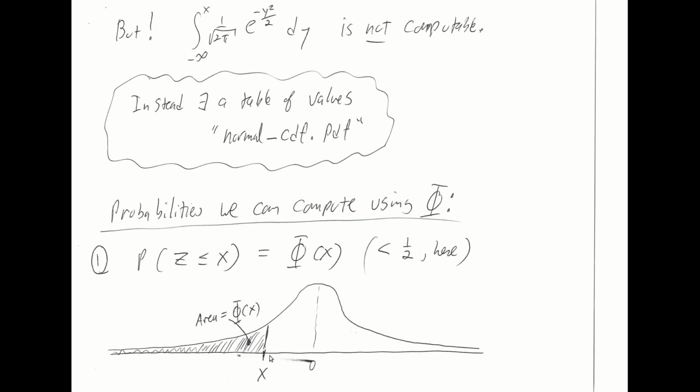If I took little x to be greater than 0, we would get a probability that was greater than 1/2, for instance, and we'll see a similar situation in the next example. But this is one type of probability you can compute involving phi. This is the most straightforward type because the probability that we're looking for is literally the definition of phi at x. And graphically or geometrically, we're talking about the area under the density function to the left of little x.